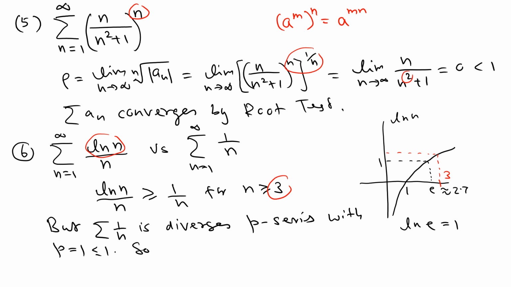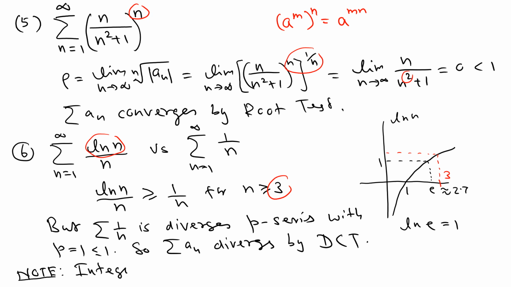So the original series, sigma a_n, diverges by the direct comparison test. That's the easiest way to do it; just use the direct comparison test, which is much easier. But as I said, you can also use the integral test. It involves a lot of work, but it can still be used.